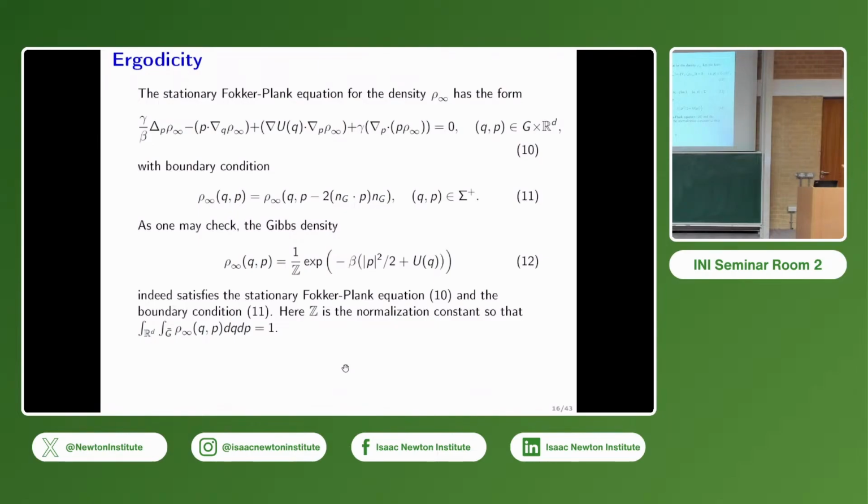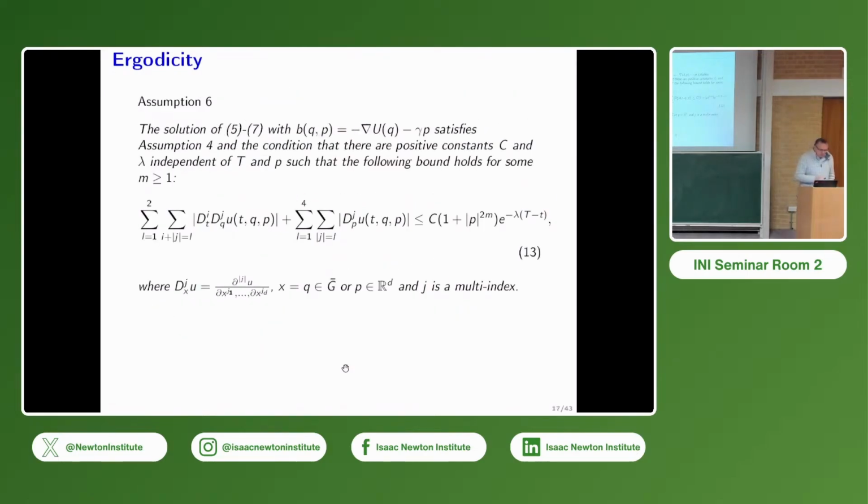So this confirms again this setting, that we can use this ECLD for sampling from a bounded domain if we manage to solve the object numerically. To prove convergence to the ergodic limit, we also need the usual assumption on the decay with time of the solution of the Kolmogorov equation.